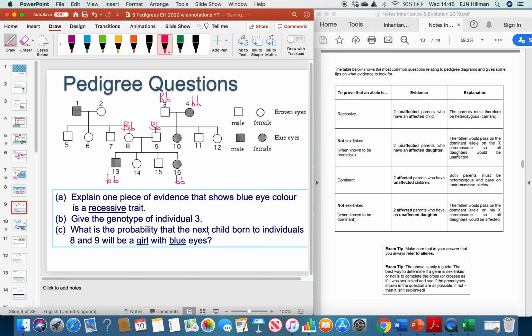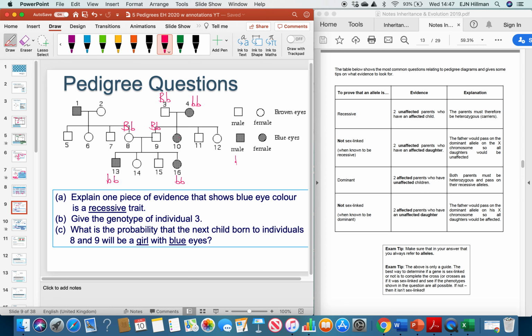What is the probability that the next child born to individuals 8 and 9 will be a girl with blue eyes? So we need to do 2 things here. We need to draw in 2 steps anyway. We need to draw a genetic cross diagram.